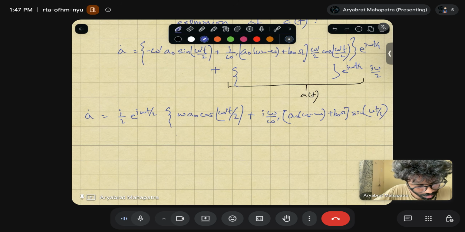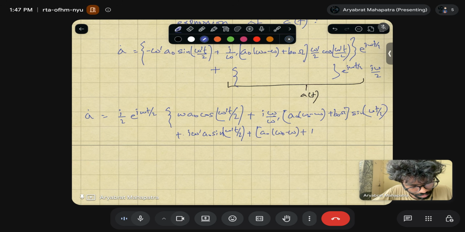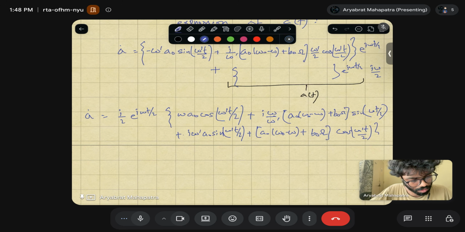Then again you have one more term, which is i omega prime a naught sine omega prime t by 2 plus a naught omega naught minus omega plus b naught omega, cos omega prime t by 2. So this is the whole thing.